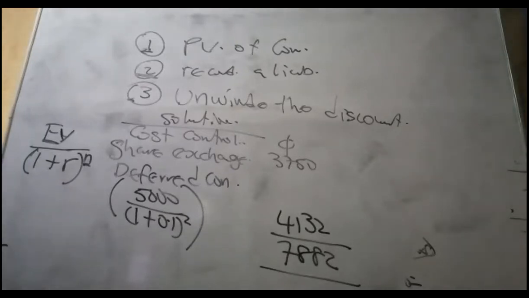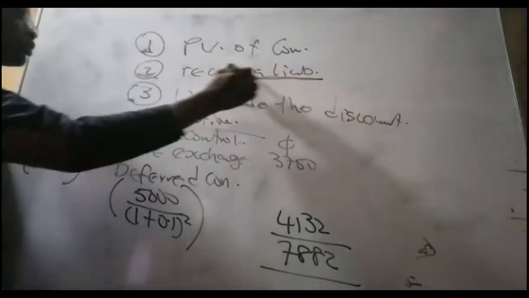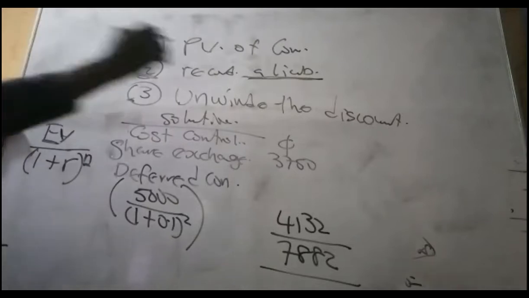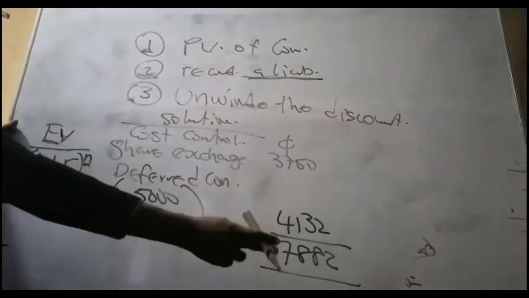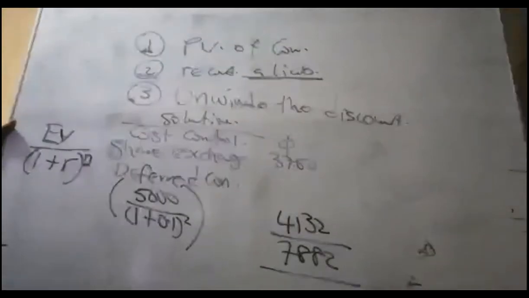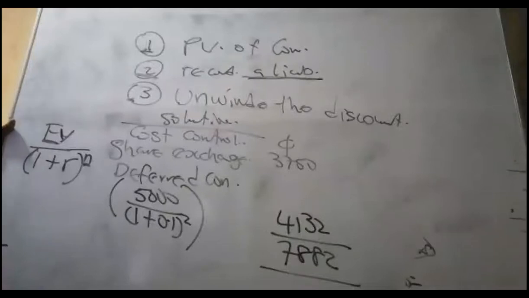So if you've not accounted for it, you have to record a liability. So parent, go to parent liability and add 4,132. But here, there was an issue. Let's solve the issue first before recording the liability.